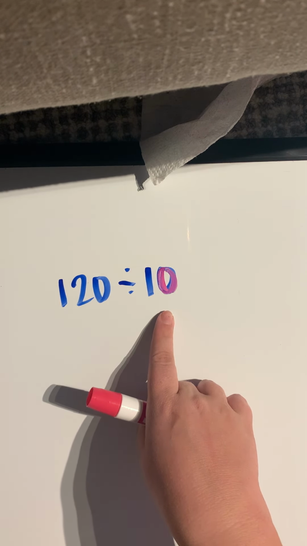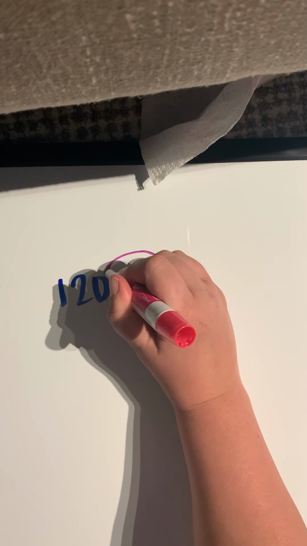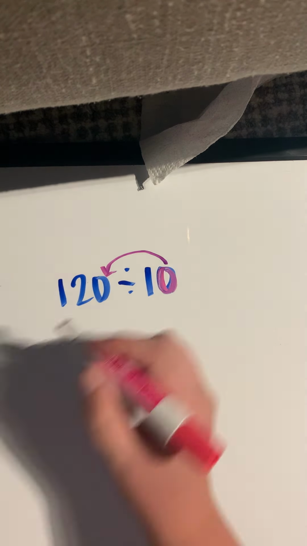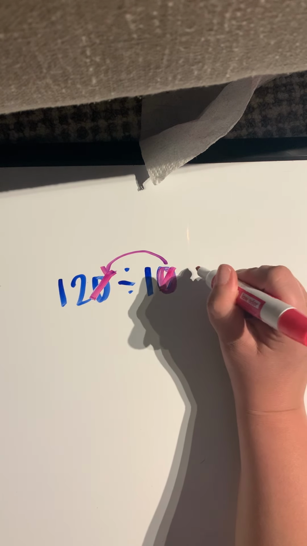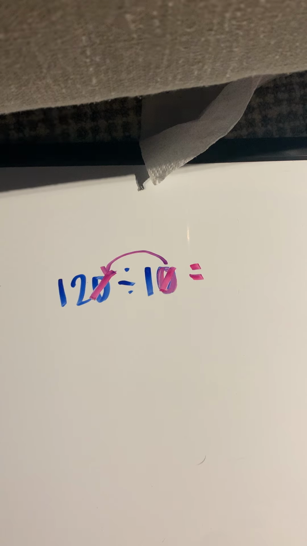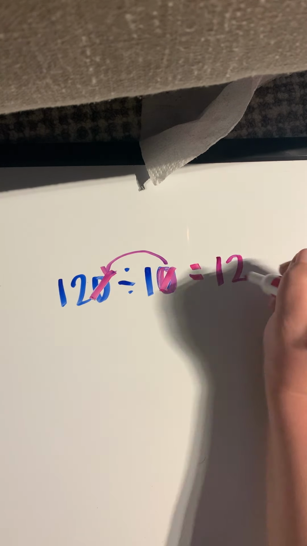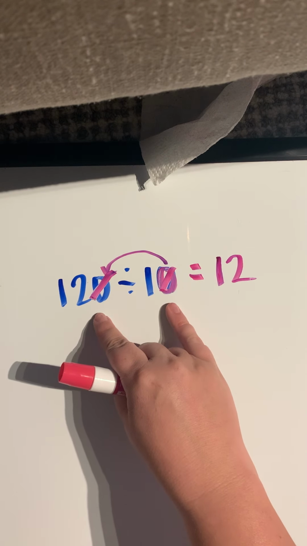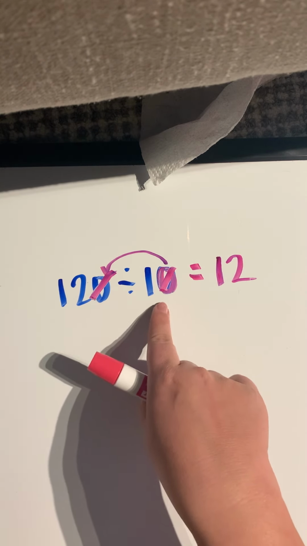So I am going to take this 0, and over here, this 0 is almost going to cancel itself out. So now all I really need to do is multiply your 12 times your 1, which is 12, or 12 divided by 1, which is 12, okay? So you just end up with your 12 because your 0 is taken off. We learned this a little bit earlier this year.